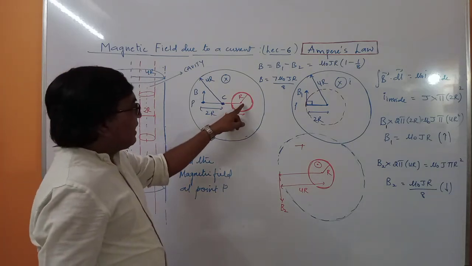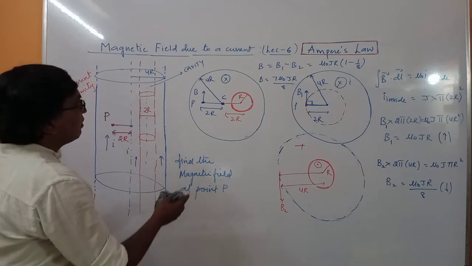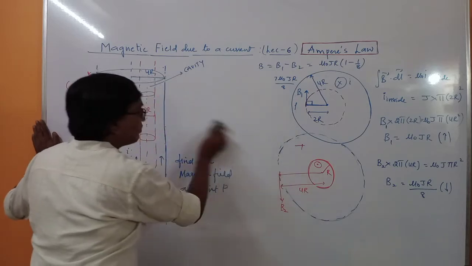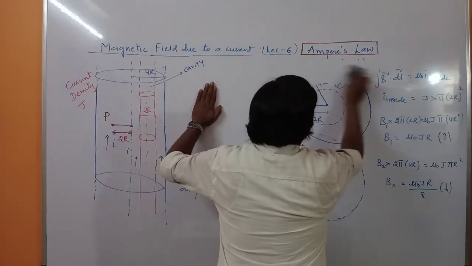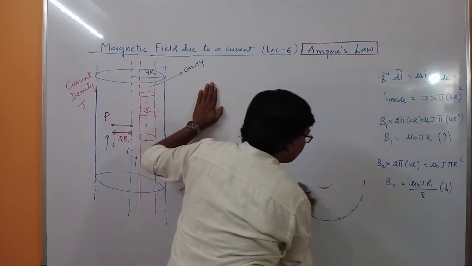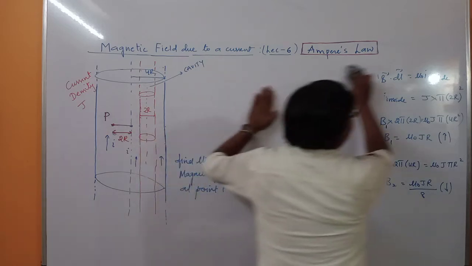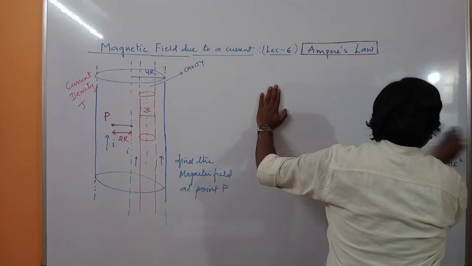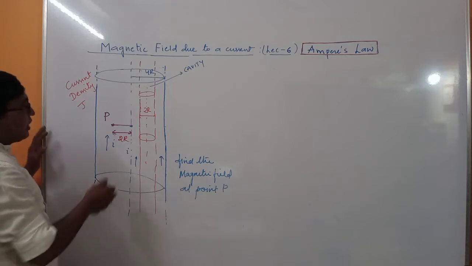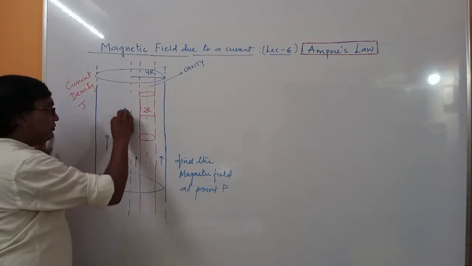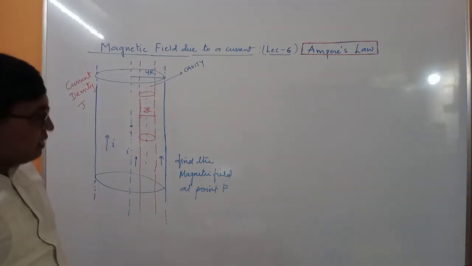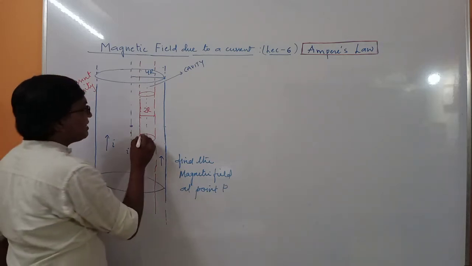So now we will find out magnetic field inside a cavity. Okay, yes. So I'll remove this, this part is over now. Same wire, same current density, but the point P is inside the cavity.